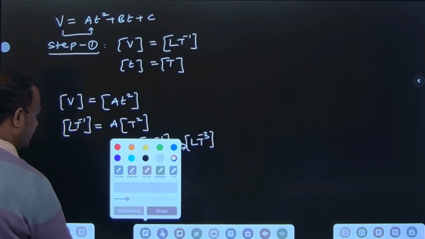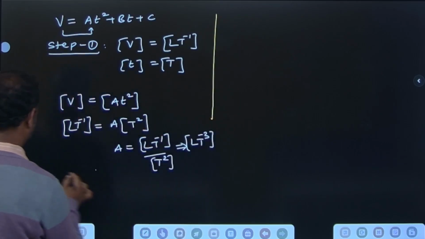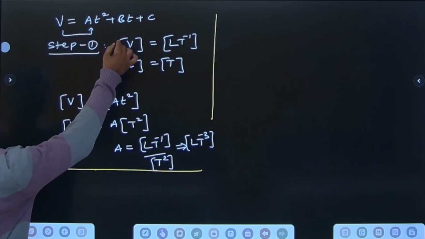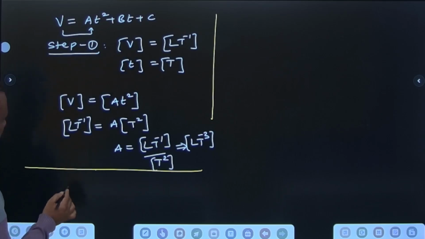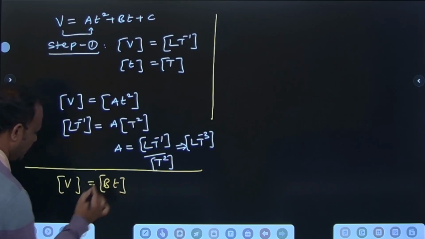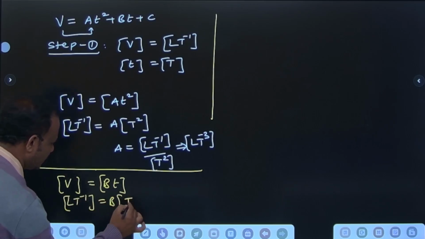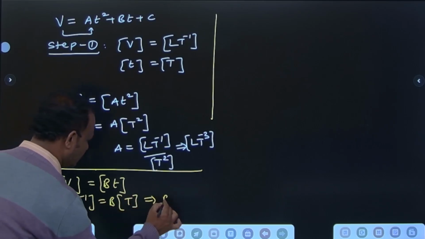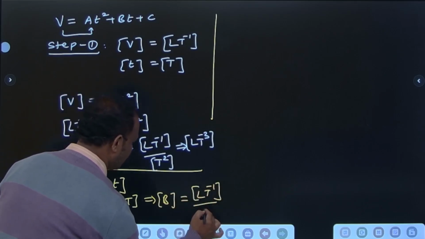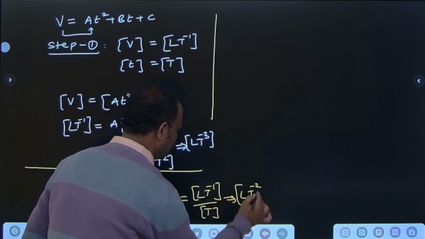LT power minus 3. Next, for the second part, v is equal to bt. The dimensional formula of v is equal to the dimensional formula of bt. LT inverse is equal to b into the dimensional formula of t. So the dimensional formula of b is equal to LT power minus 1 by T, which becomes LT to the power of minus 2.